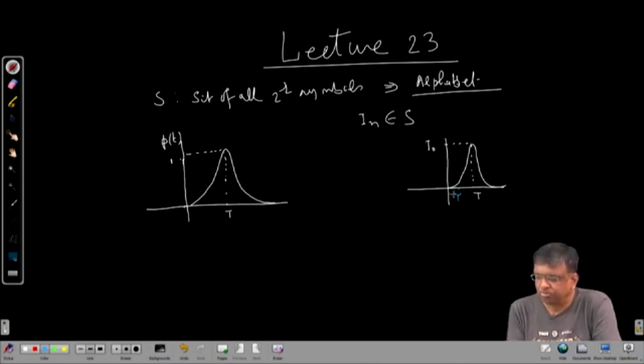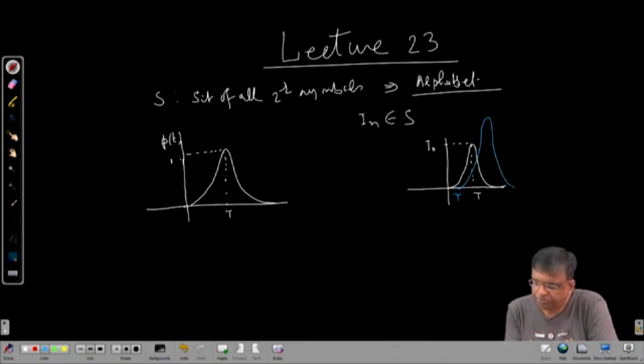Then in the next symbol period, when the next symbol comes after one symbol period, that is tau, the same pulse is triggered, multiplied by the new symbol which is I1. I0 is done, now next is I1. So it could be something like this. This height is I1.